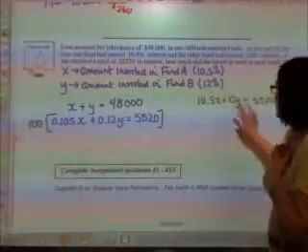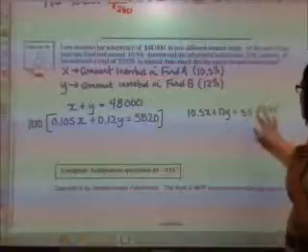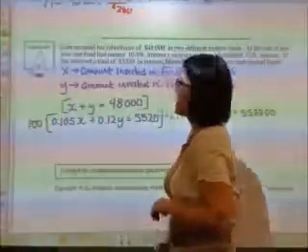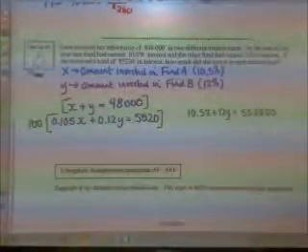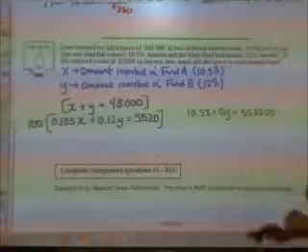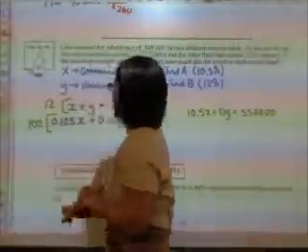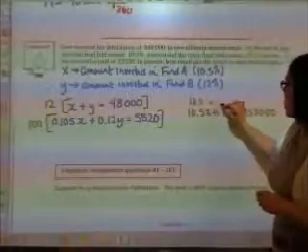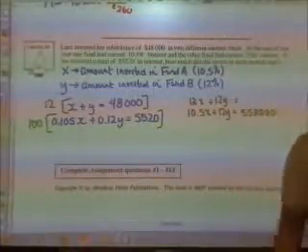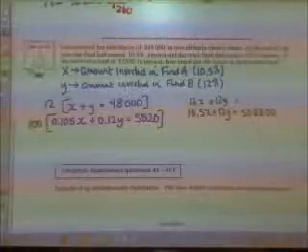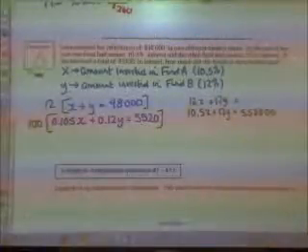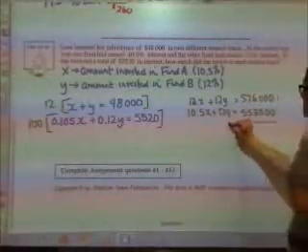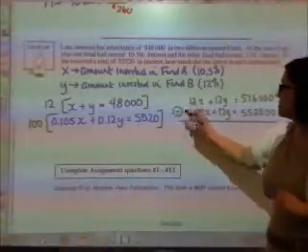So if I'm going to use elimination, here's my first equation, then what would I want to multiply this equation by? By 12, so that my y's match up. So when I multiply it by 12, I'll get 12 x's, 12 y's, and then 48,000 times 12 equals 576,000. And then I would subtract.